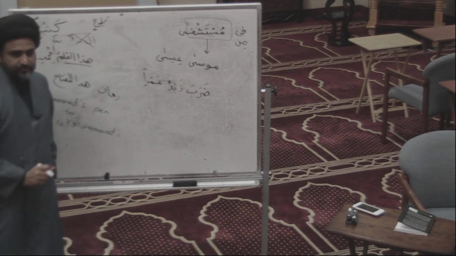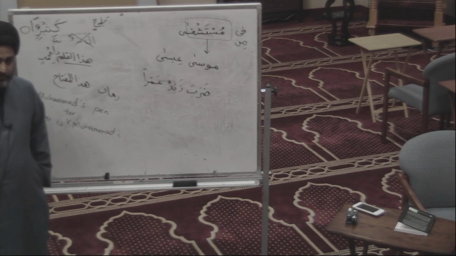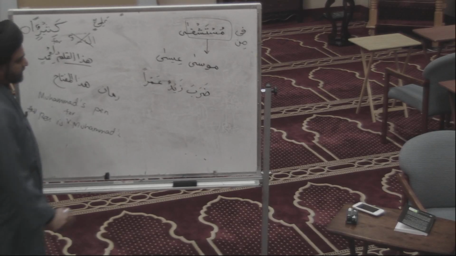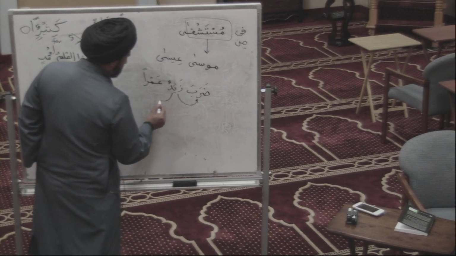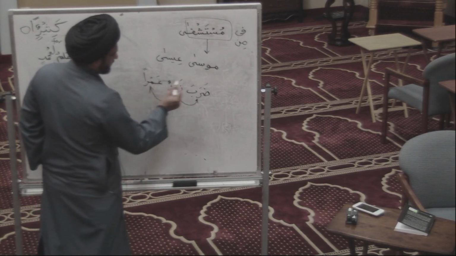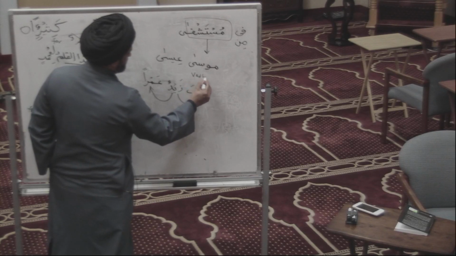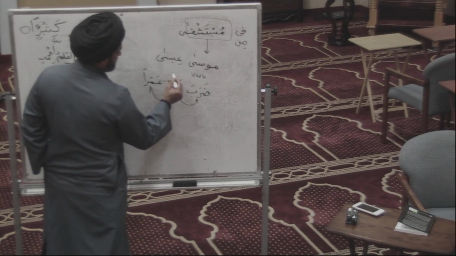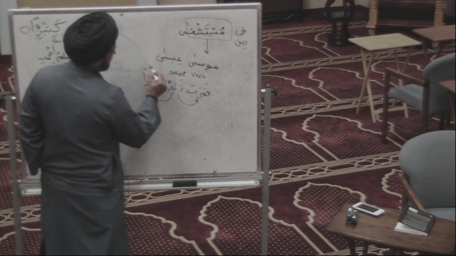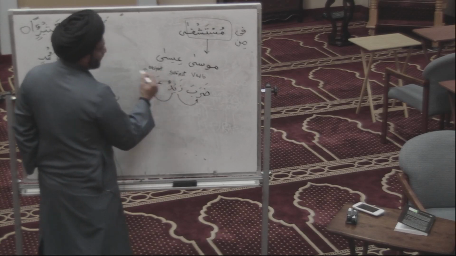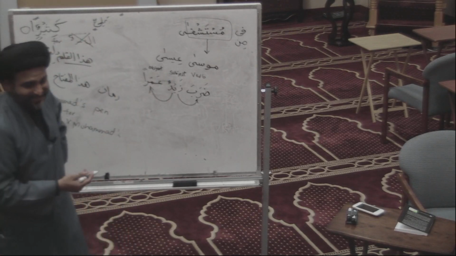What is the translation? Okay. So Zaid is the one who's hitting, and who's being hit? Amr is being hit. So this is your verb. This is your fa'il, the subject who's performing the action, and this is your object upon whom the action is being performed, the one who's being hit.